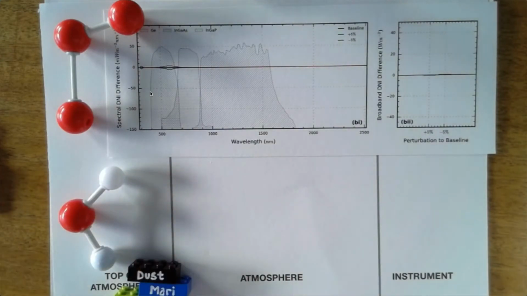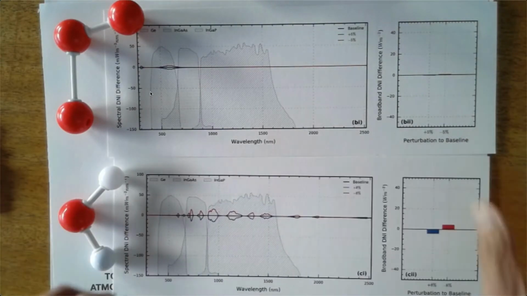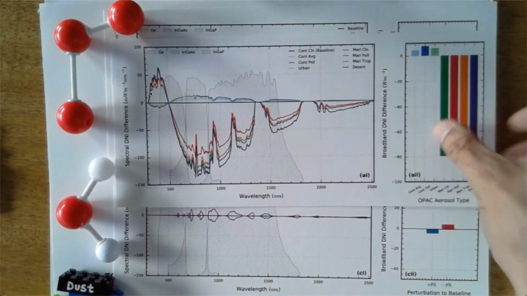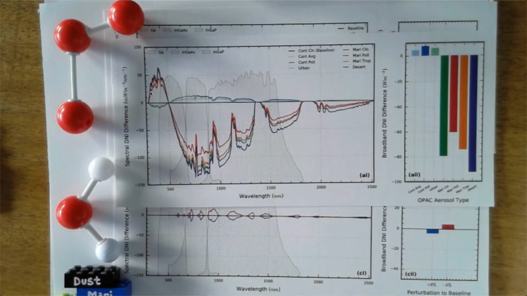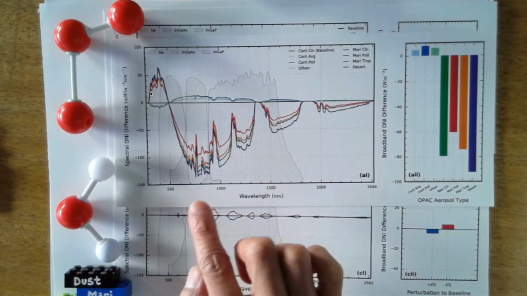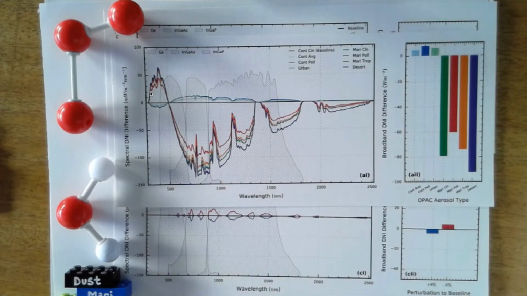Right. Water vapor has an uncertainty of plus or minus 8% from the IFS, and there's a little bit more impact on the DNI, but it's still relatively small when compared to aerosol. So these are all plotted on the same scale. Right? So this is again perturbing the different types of aerosol, holding everything fixed. And as you can see, by changing just the aerosol type, we get a very, very different spectral response, up to 150 milliwatt per meter square per nanometer.